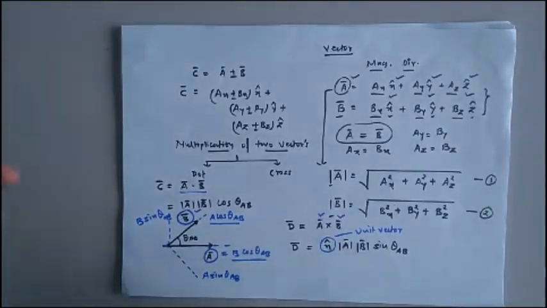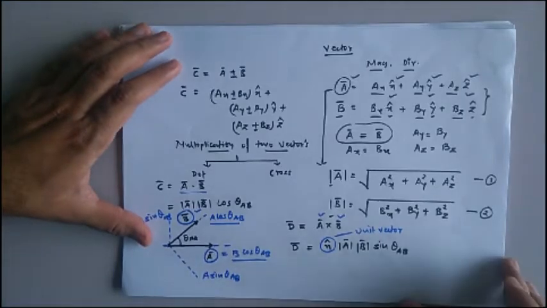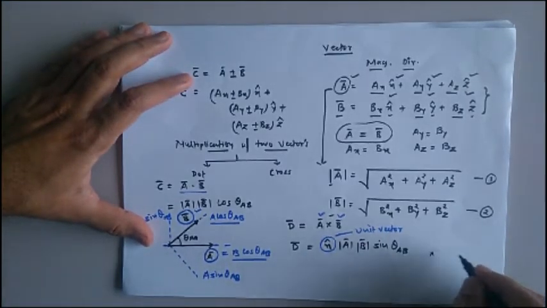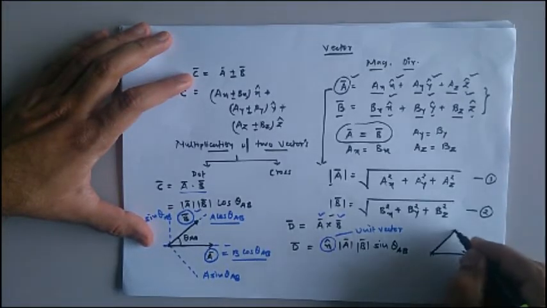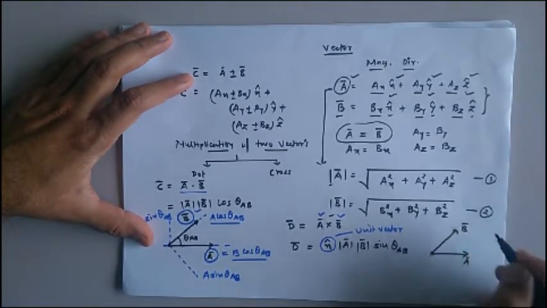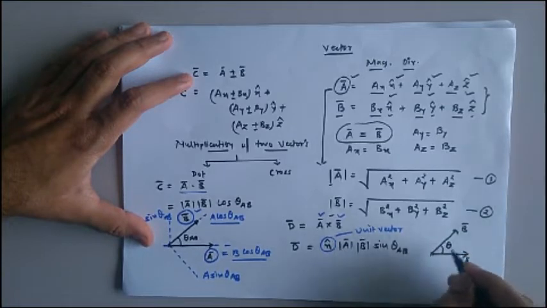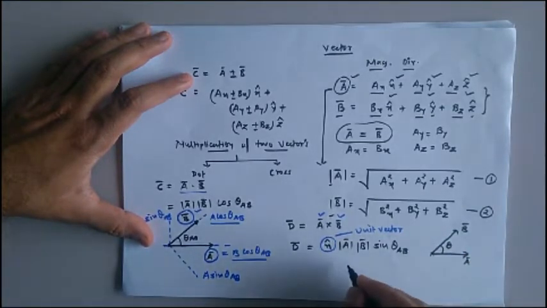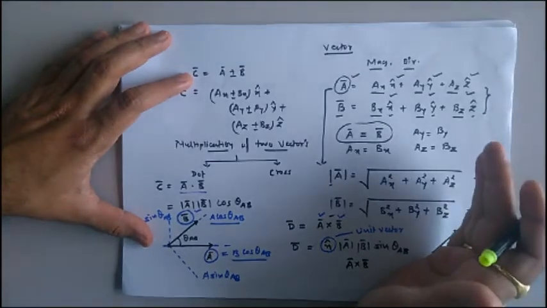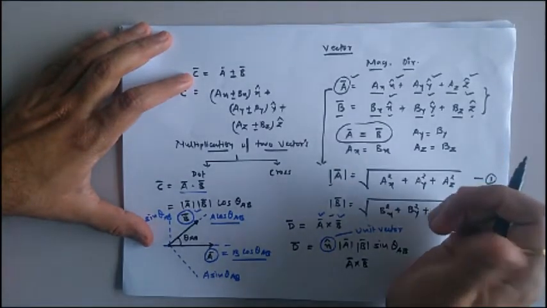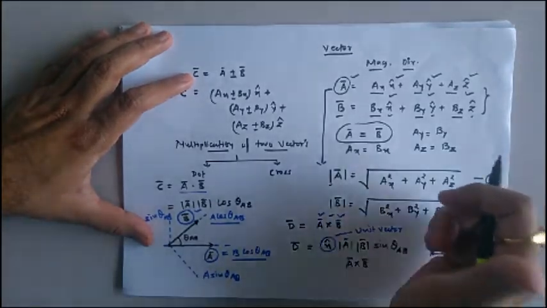Now what is the meaning of this? The meaning is very simple. That means if we are having two vectors, suppose this indicate vector a bar and suppose this indicate vector b bar and this indicate the angle between these two vectors, and we are trying to calculate the magnitude of a bar cross b bar. That means we are trying to move from vector a towards vector b, then thumb will indicate the direction of resultant vector.